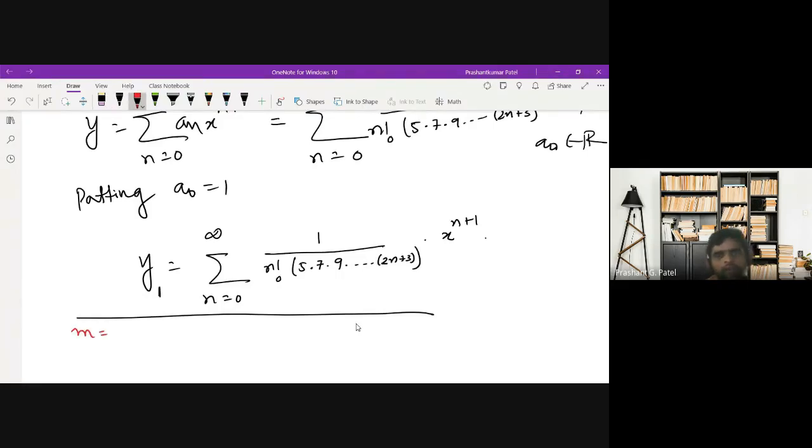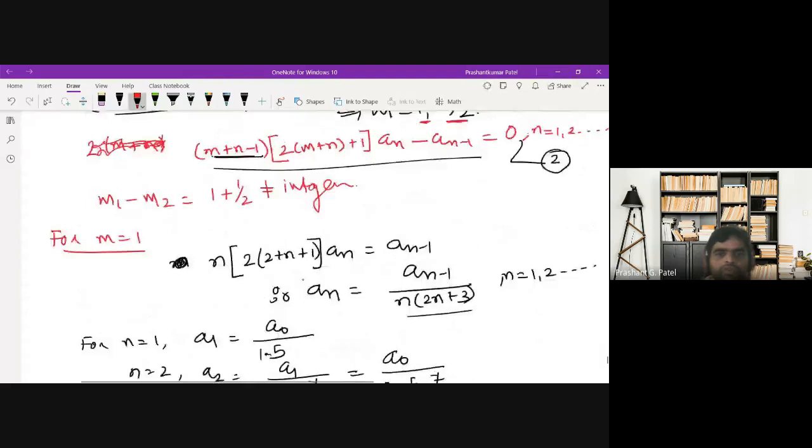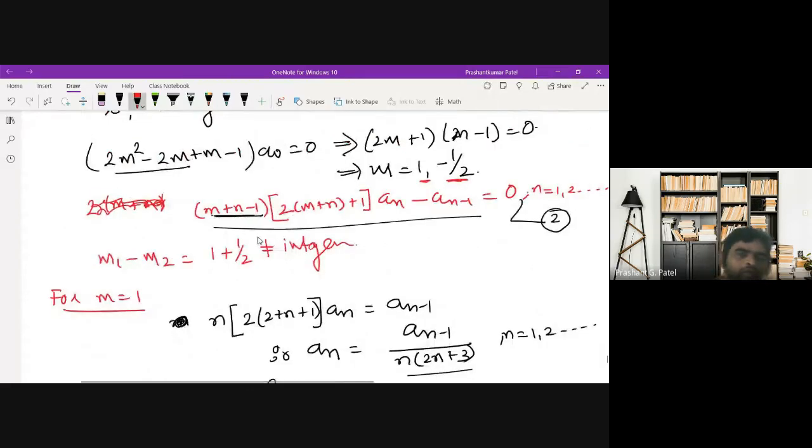Now m equal to minus 1 by 2. That is the second solution we have to calculate, the second linearly independent solution. So we substitute m equal to minus 1 by 2 into this equation 2 that we already calculated here. If I substitute that into the equation, what will you get? Let me write down here, and then the final conclusion I will write down later.